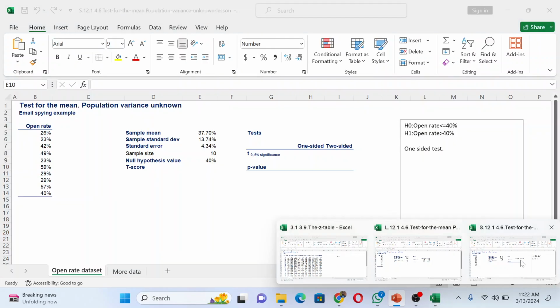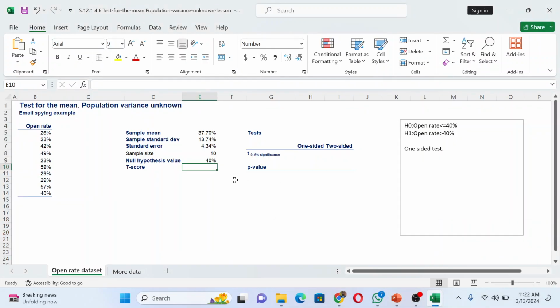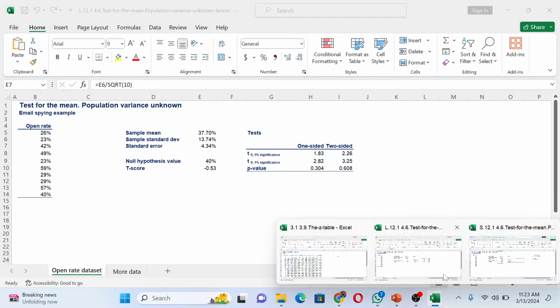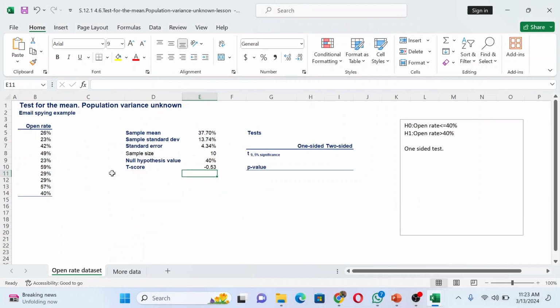So our t is equal to the sample mean, which is that 37 point something, minus the null hypothesis value, which we have been given, which is the population mean, divided by the standard error. That is what I had gotten when I was preparing. So we are done with that. Of course, we will take the positive value later.